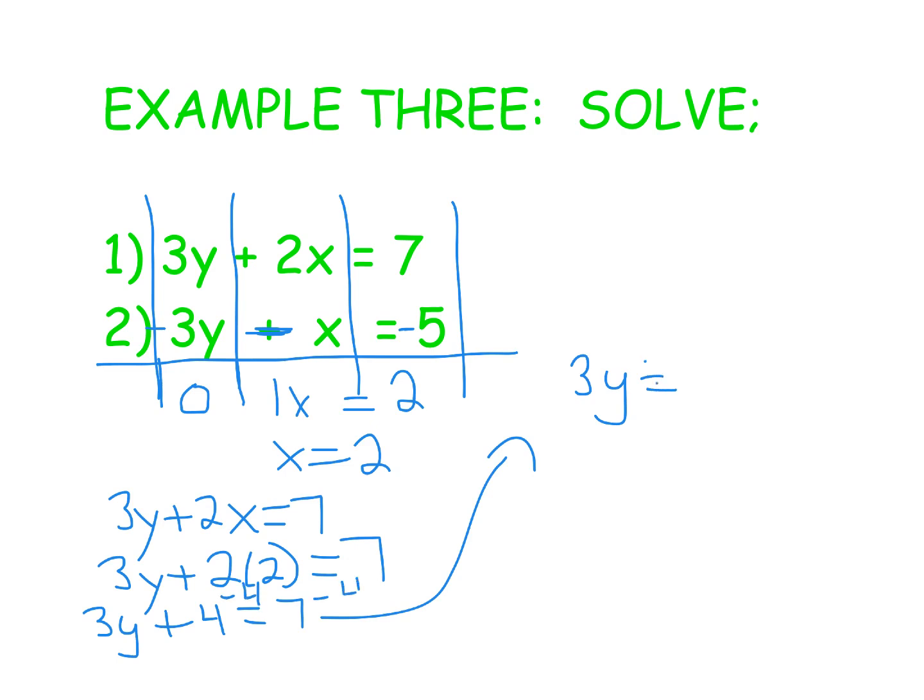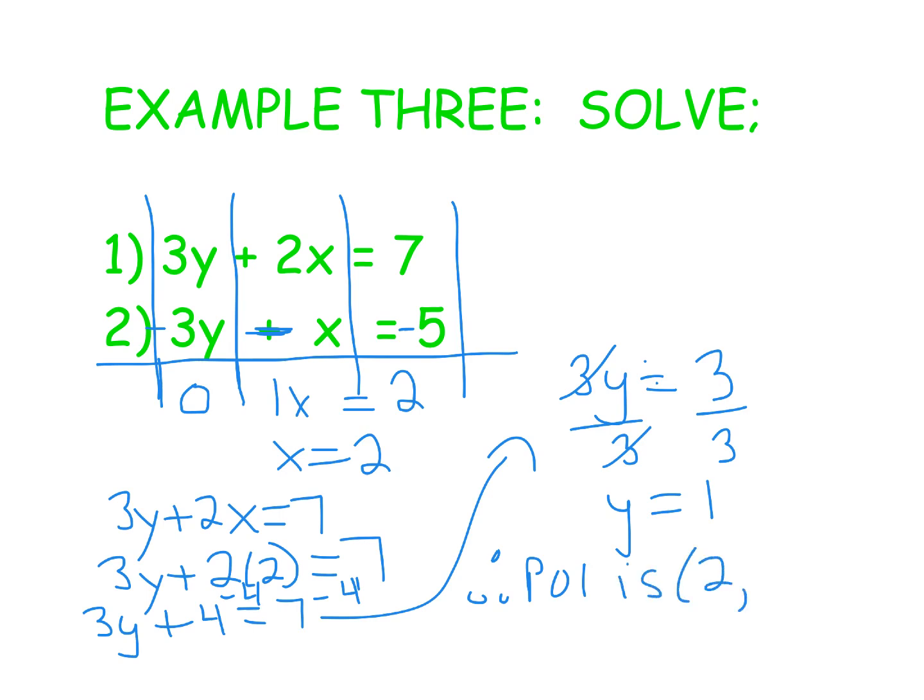So 3y equals 3, because 7 minus 4 is 3. So divide by 3, divide by 3. Y equals 1. Now we have a point of intersection at point 2, 1.